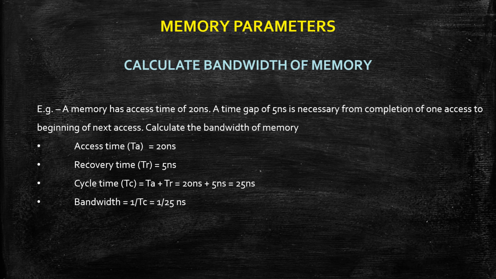Bandwidth always has a unit of megahertz, so this is 0.04 per nanosecond, and to convert this into megahertz we need to multiply this value by 10 raised to 3, this is the conversion value. And so finally we got 40 megahertz. So this is how you can calculate the bandwidth of the memory, right?